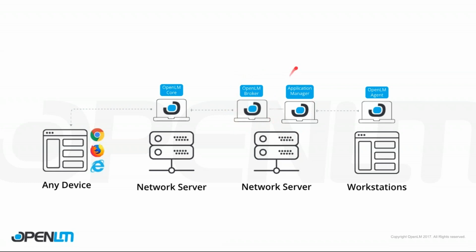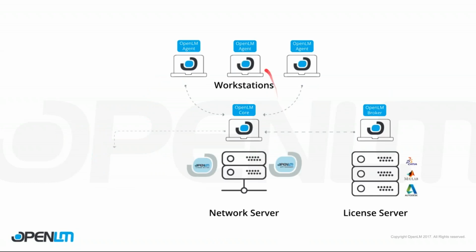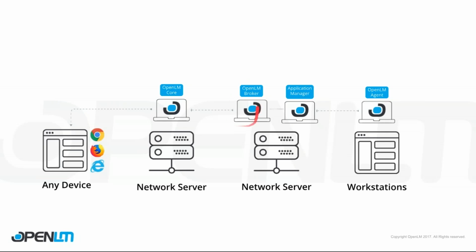Now we configured the App Manager on the broker, and we configured the OpenLM core on the broker. Now we'll need to configure the broker on the OpenLM core, because they must have some kind of handshake. You tell the broker which core it's pointing to, and you tell the core which broker it's pointing to. You must have that.